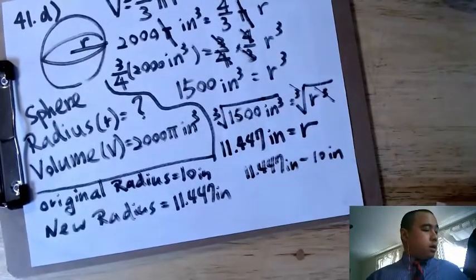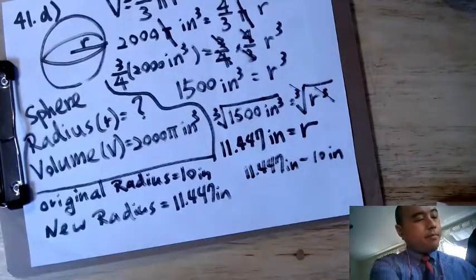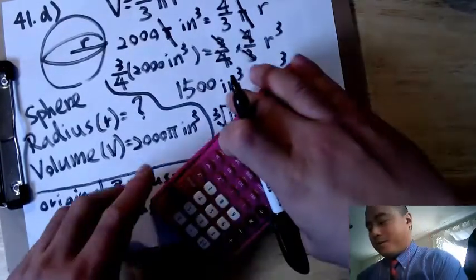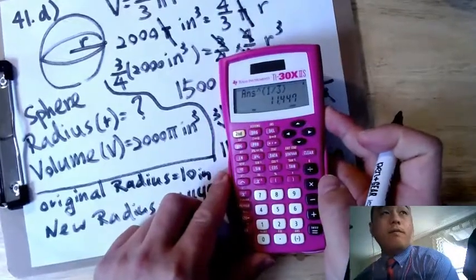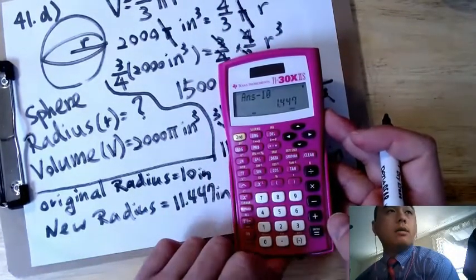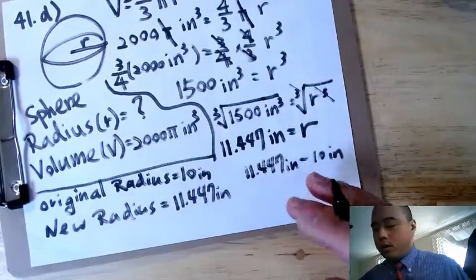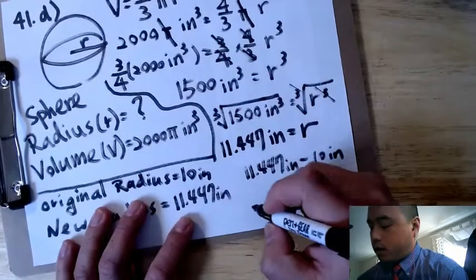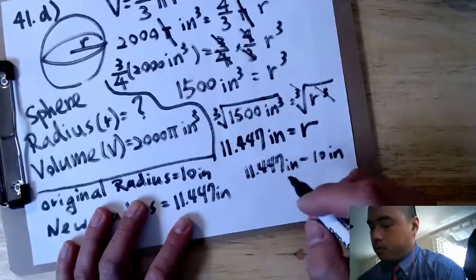We do that on the calculator. Let's take a look. I should be able to do this, but we have 11.447 minus 10, the original one, giving us 1.447. So by how many inches does the radius change?